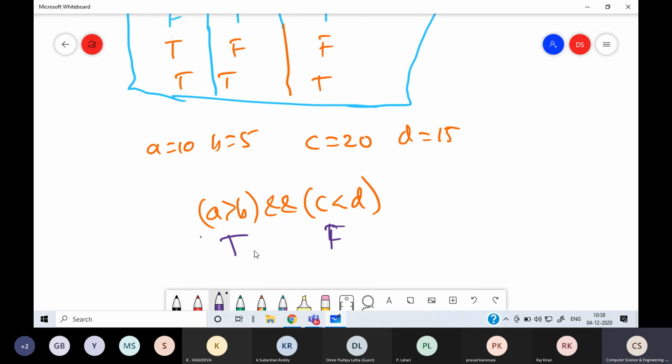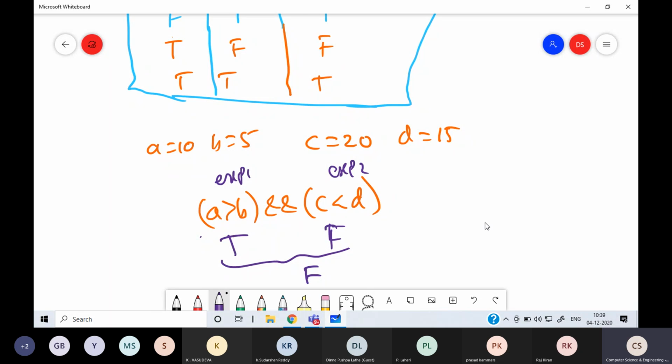So the first one is true, the second one is false, then the result of the compound expression is false.